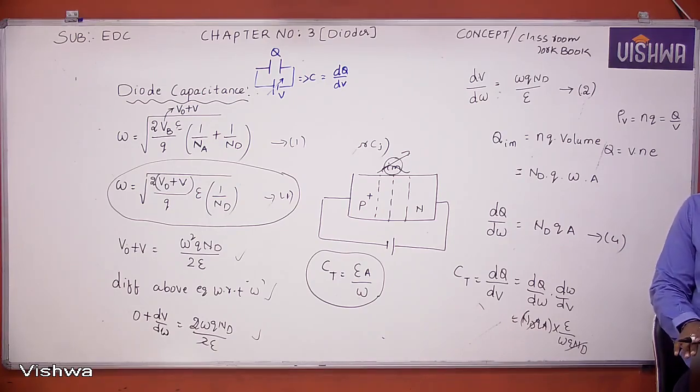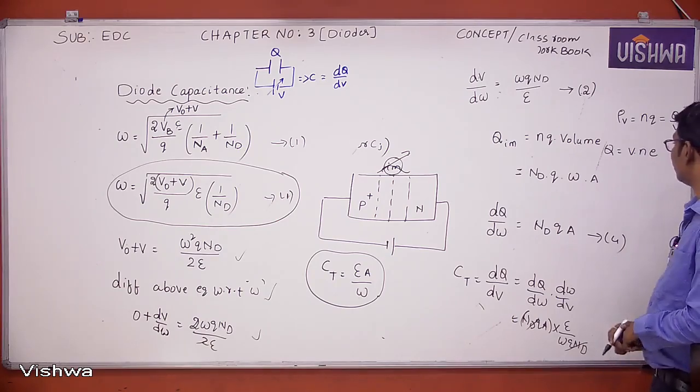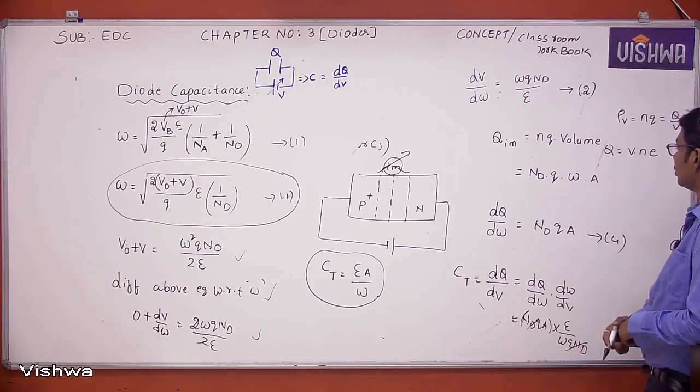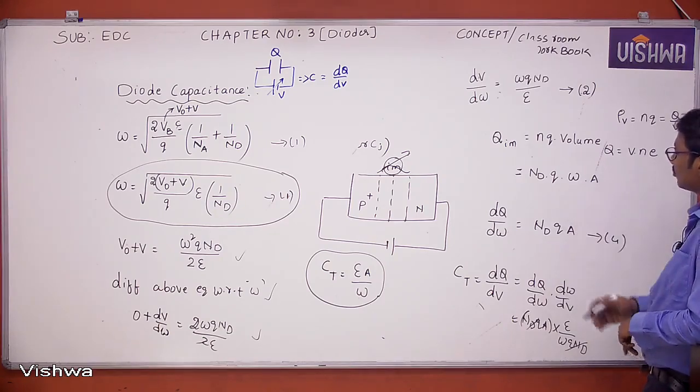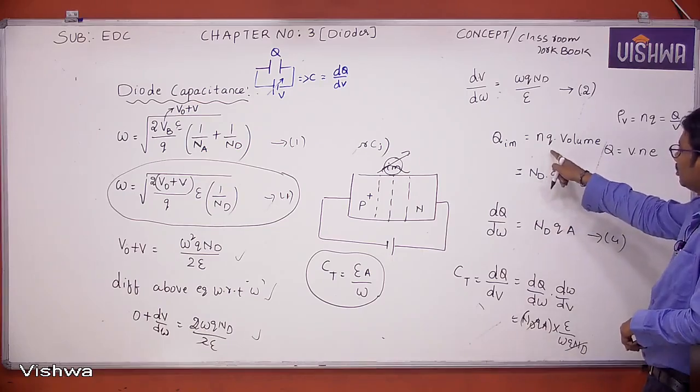Next, write down the amount of immobile charge present in a depletion region is given by Q immobile equal to N into Q into volume.